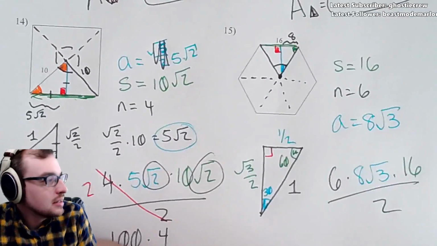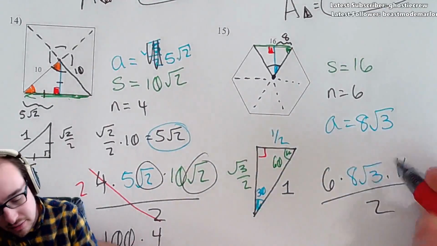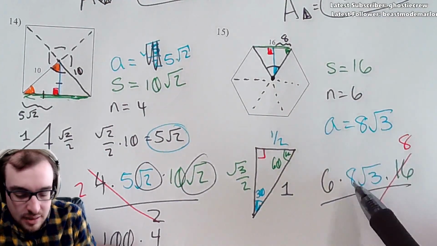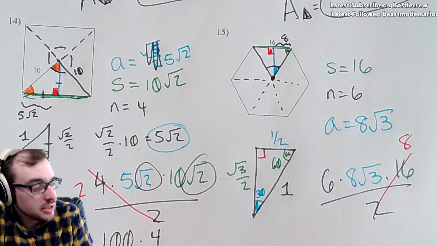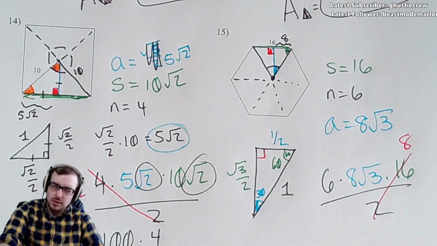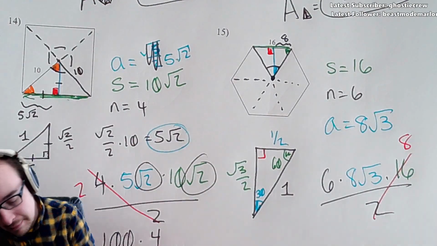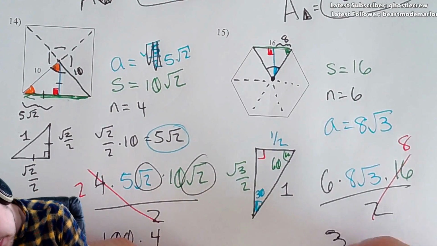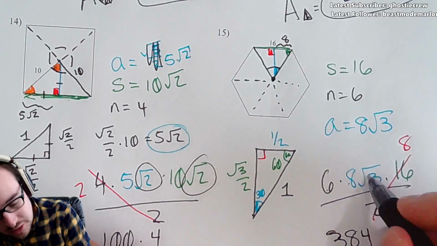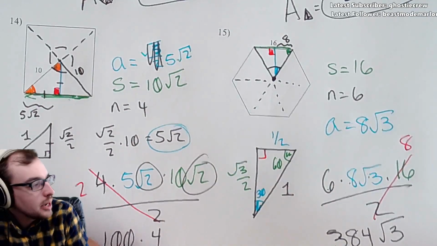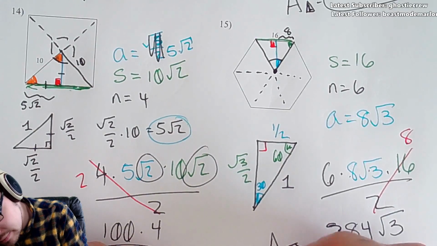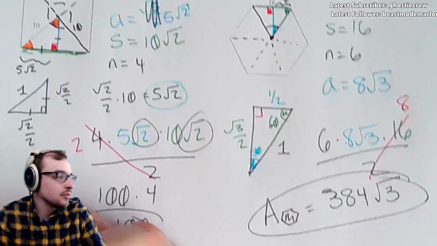I'm going to do 16 divided by 2 and get 8. 8 times 8 times 6. 8 times 8 is 64. 64 times 6 is 60 times 6, which is 360, 6 times 4 is 24, so it's 384. That's what all these guys multiply to, and then we have a root 3 that we have to multiply by. So the area of our hexagon is 384 root 3.